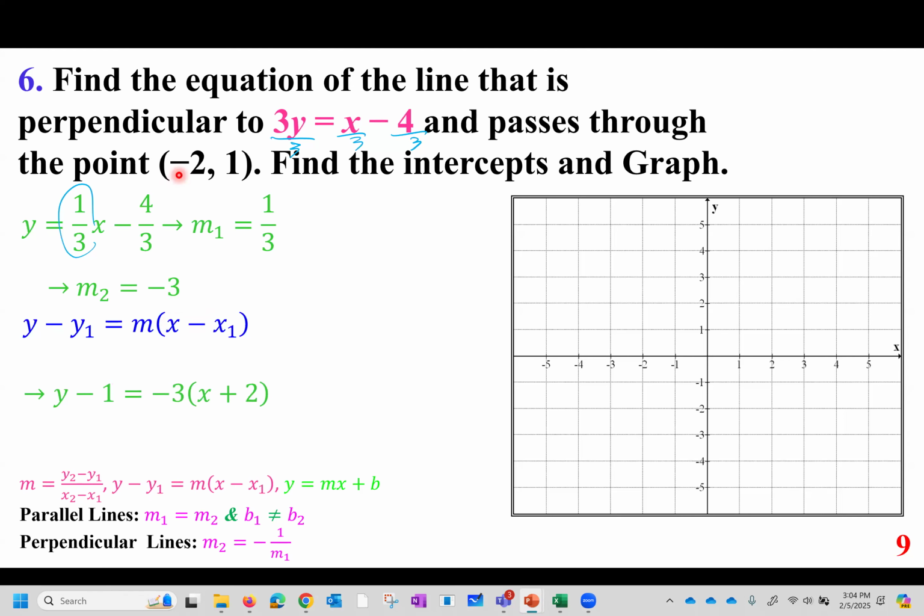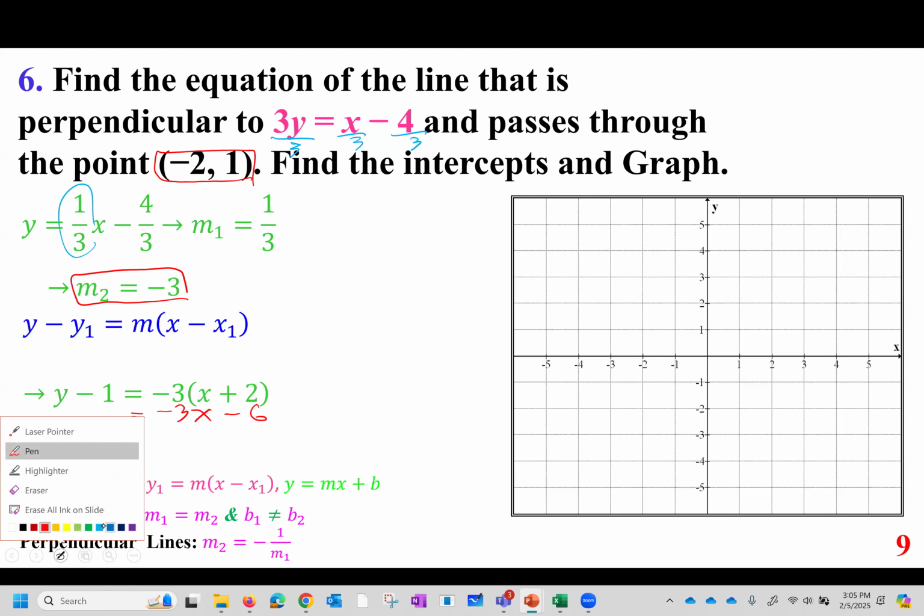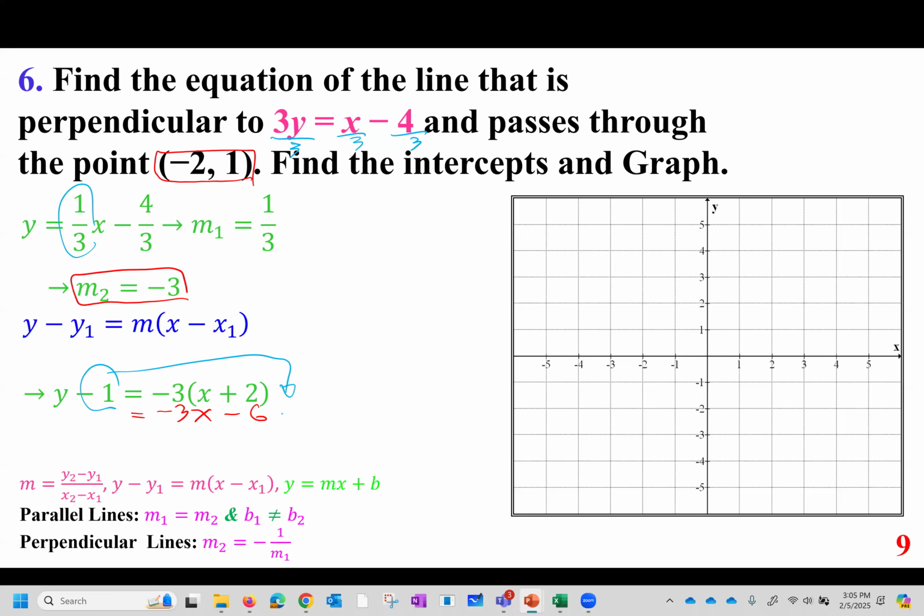So we are using this pair and this slope, and we get minus 3x minus 6. Add the 1, and we have y equals minus 3x minus 5.